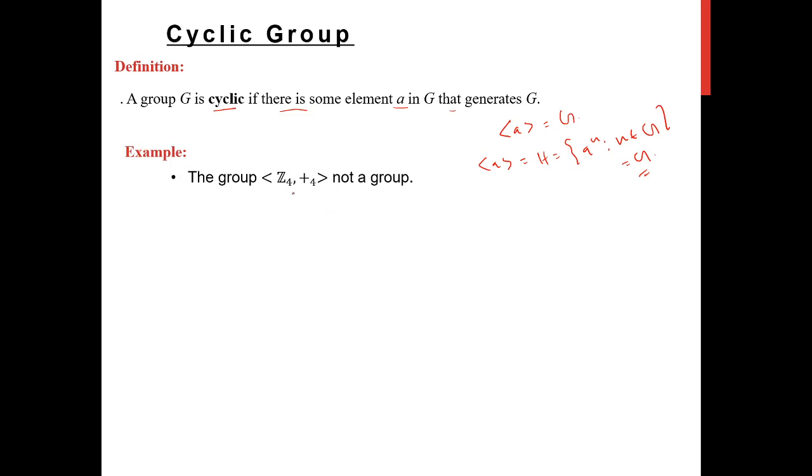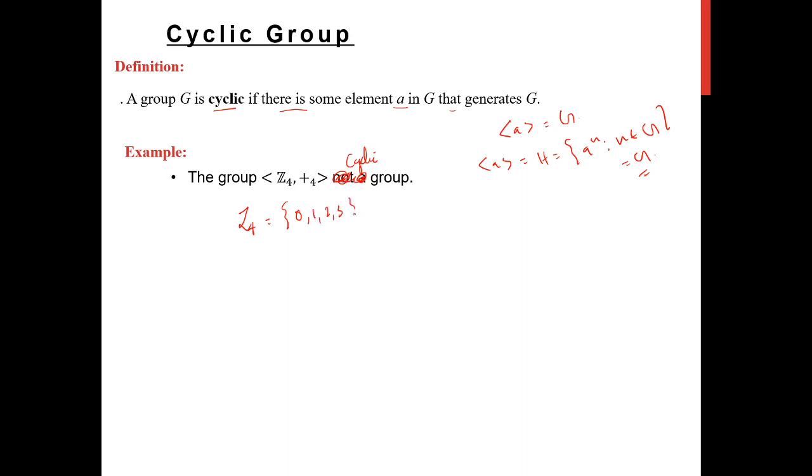The group Z4 under addition mod 4 is a cyclic group. Z4 is the set of all remainders when an integer is divided by 4.